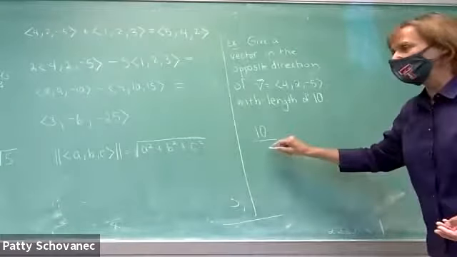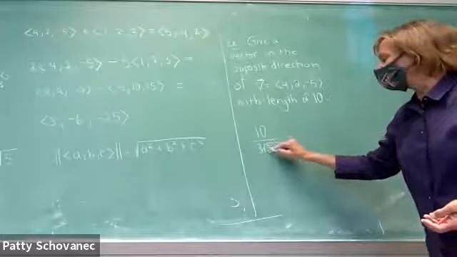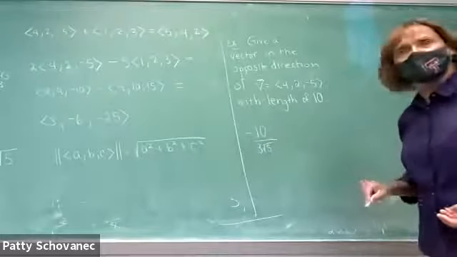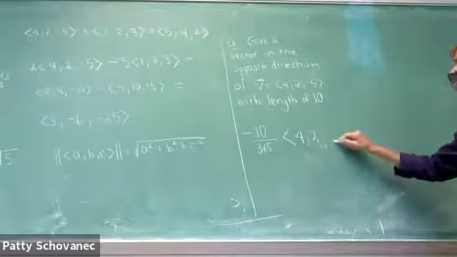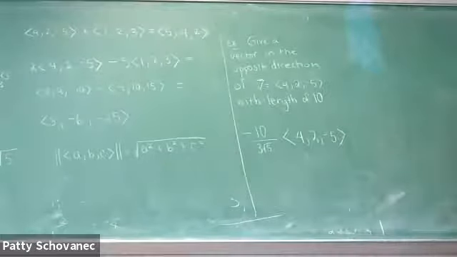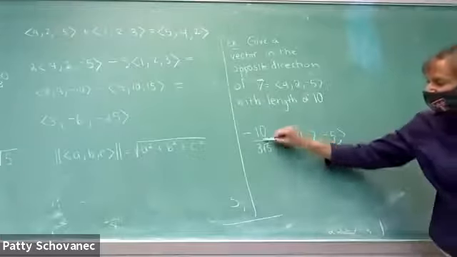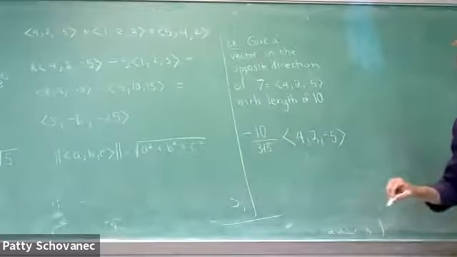Now we get to take our unit vector, 1 over 3 square root of 5. Now we turn it around, and then we multiply it by 4, 2, negative 5. This makes it length 10 after we make it into a length of 1.